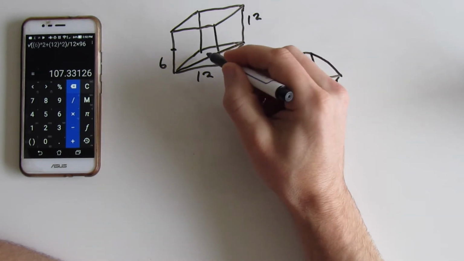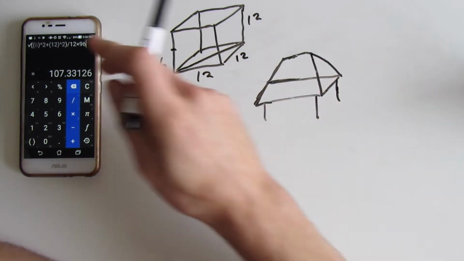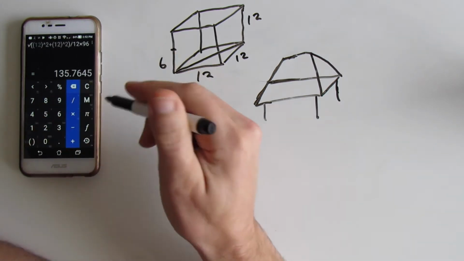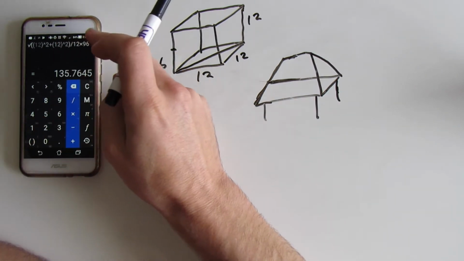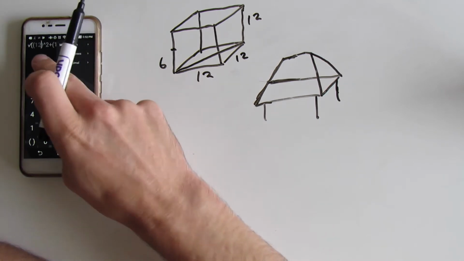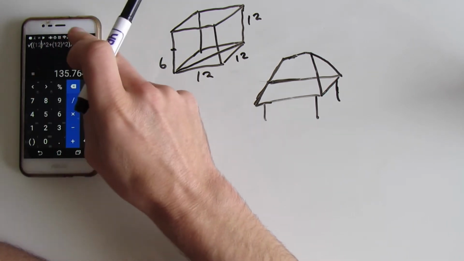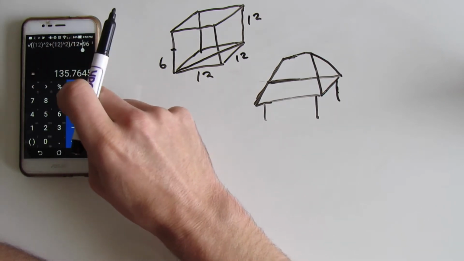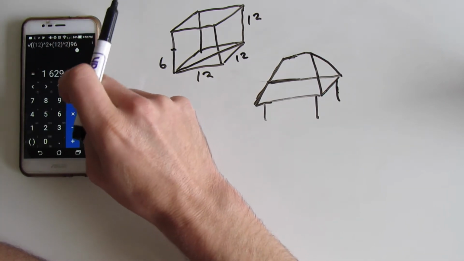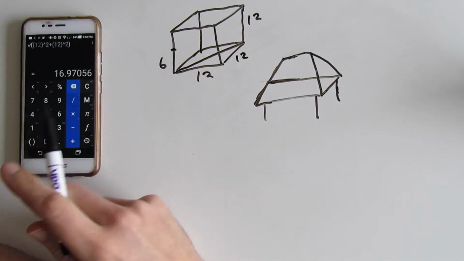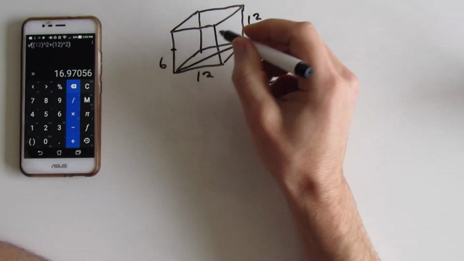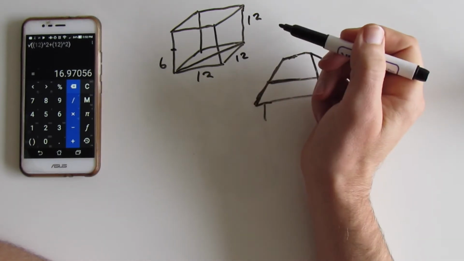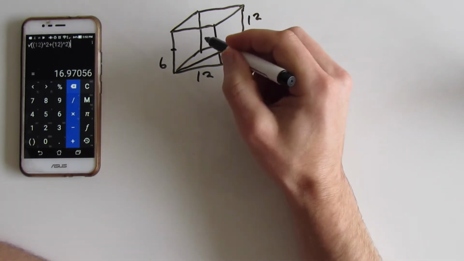So this line, if you calculate the square root of 12 and 12, as in Pythagoras theorem, like we have been talking about in the previous video, you get 16.97. For the sake of convenience, we just rounded that up to 17.